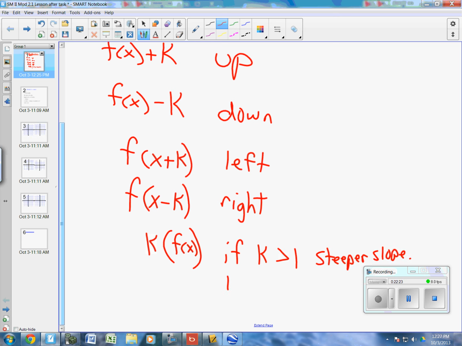And if k is between 0 and 1, it is wider. It makes it wider. I like using the word wide. Okay? If it's negative, it just flips it upside down, right? So if k is negative, so if we go negative k times f of x, it opens down, right? Put opens down.